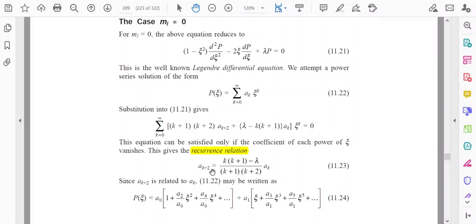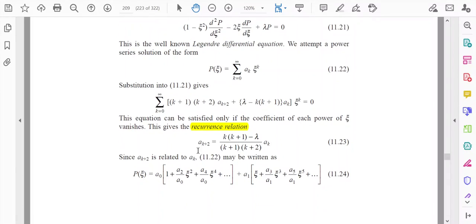Now from this recurrence relation we can evaluate different values of the terms a. For example, if we put k equal to 0, the left hand side will be a2 and the right hand side will be a0. So a2 can be expressed in terms of a0. Similarly, if we put k equal to 2, then the left hand side will be a4 and the right hand side will be a2.